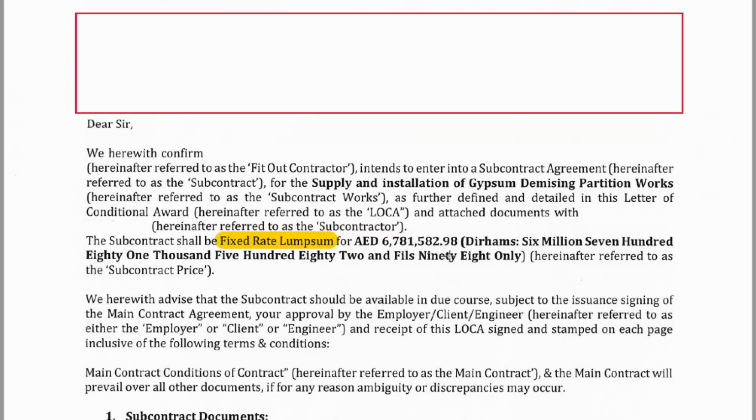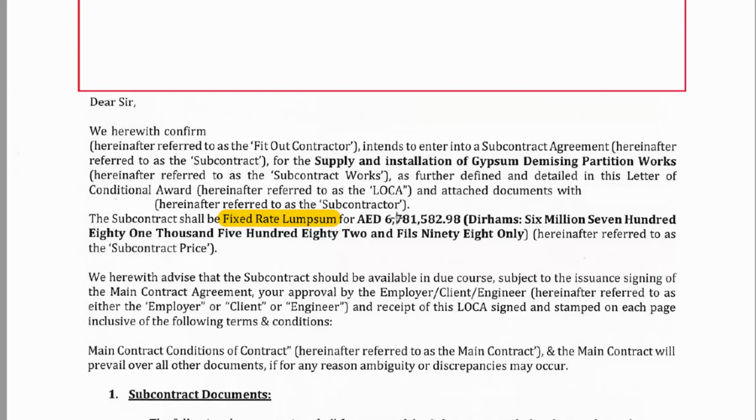If it is not fixed rate lump sum, it will mention some other terms. It is a very important term that shows the client has to pay this total amount to the contractor once the work has been finished according to the other respective documents. This is the amount agreed by both parties against the work.